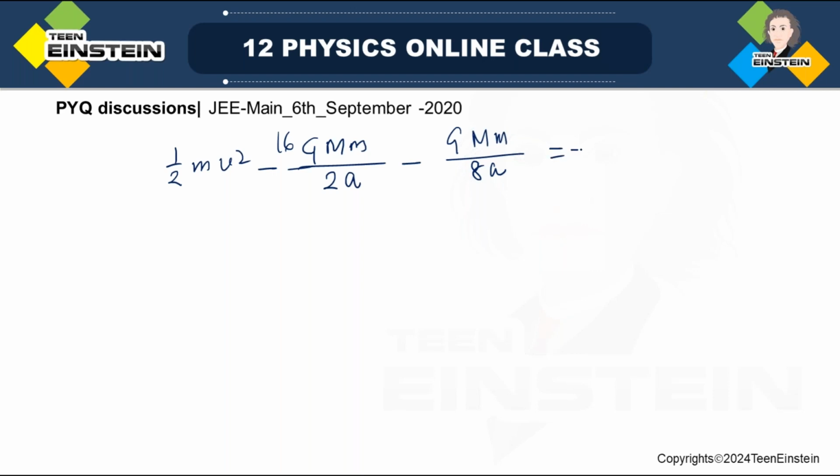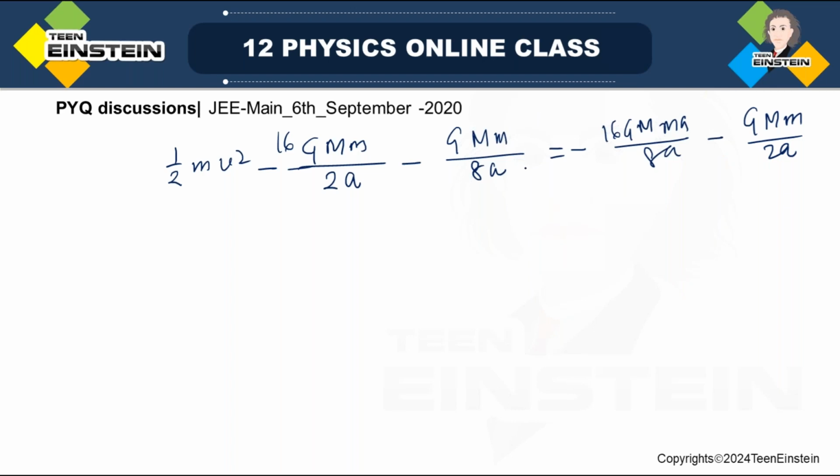That is equal to minus 16 GMm by 8A minus GMm by 2A. So up to the neutral point we are doing every calculation.